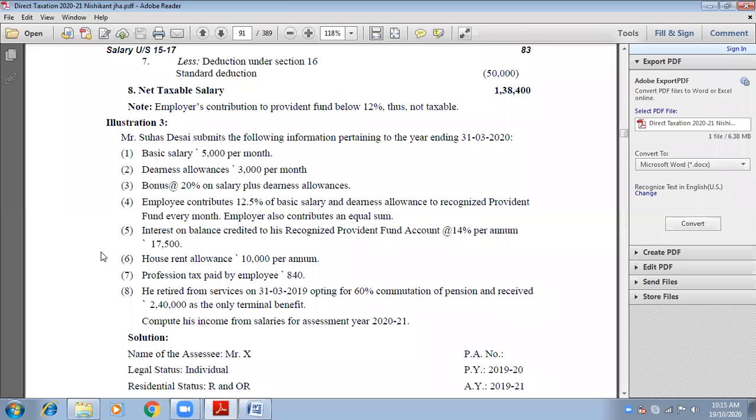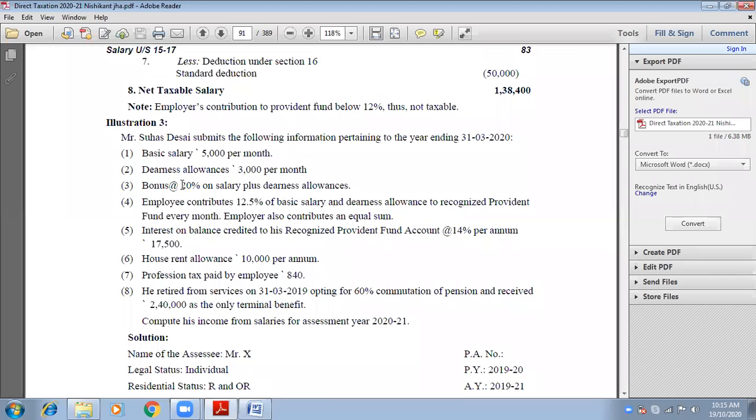Salary was 60,000 and DA is 36,000. So 60 and 36 becomes 96, and 20 percentage on 96 will be the bonus. 19,200.